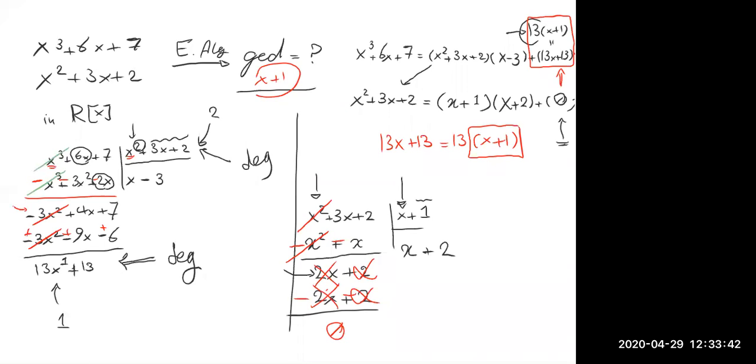Is there any question here? Okay, so let's continue. So we have x to the 5th plus 2x to the 4 minus x squared plus 1 and x to the 4 minus 1. Find the greatest common divisor.